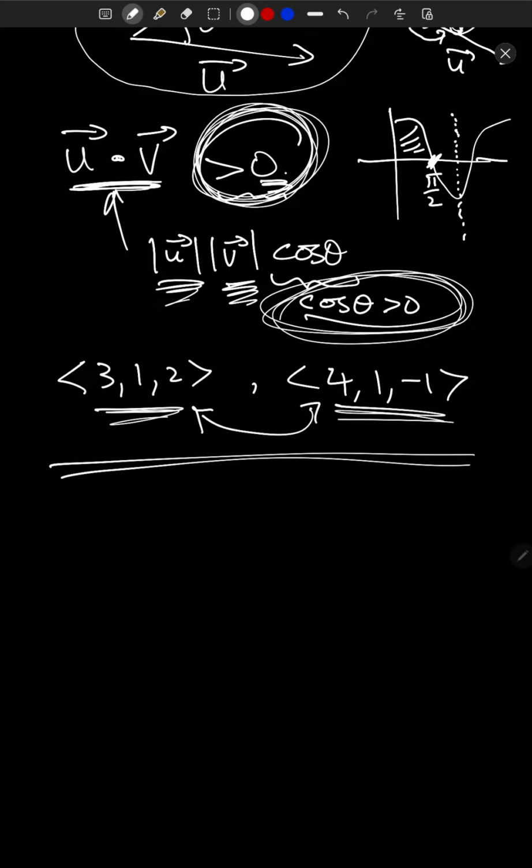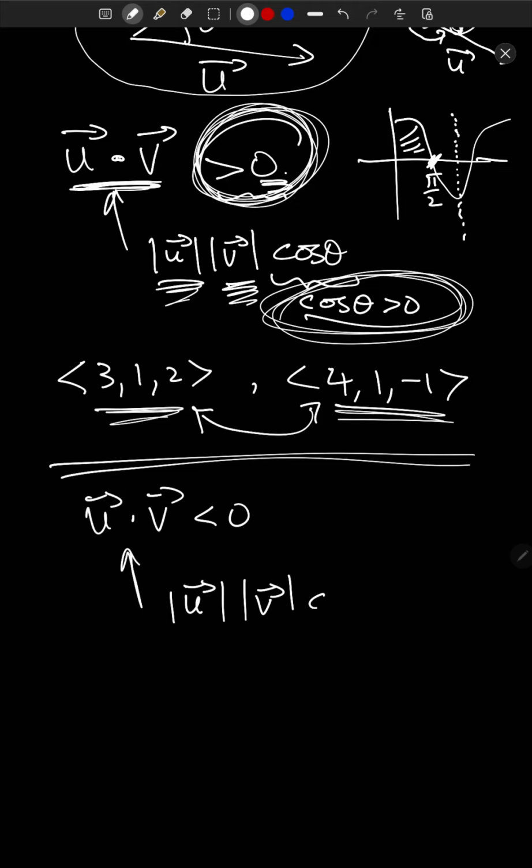Okay, what happens if u dot v were less than 0? Well, again, u dot v is length of u, length of v, cosine of theta. Length of u is positive, length of v is positive, and it certainly can't be 0, or else we can't get this less than sign here. So that means the cosine is negative.